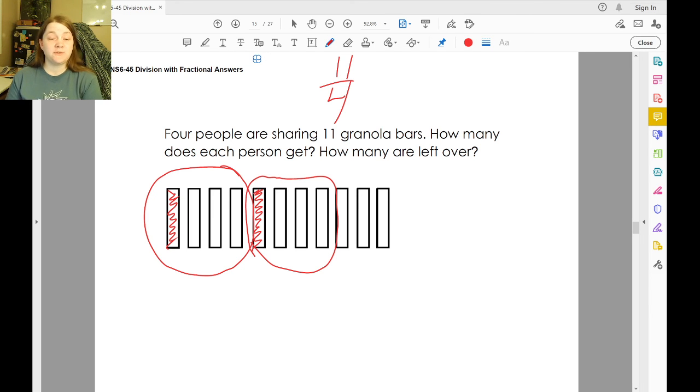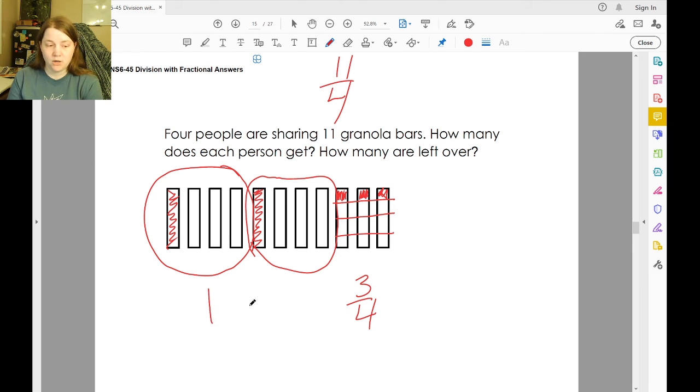So I know that so far I'm getting 2 granola bars. Wow! But then there's 3 left over, and there's 3 granola bars for 4 people. So for that, I'll probably split these into fourths. And I'll get this much, and this much, and this much, and that would leave me with 3 fourths.